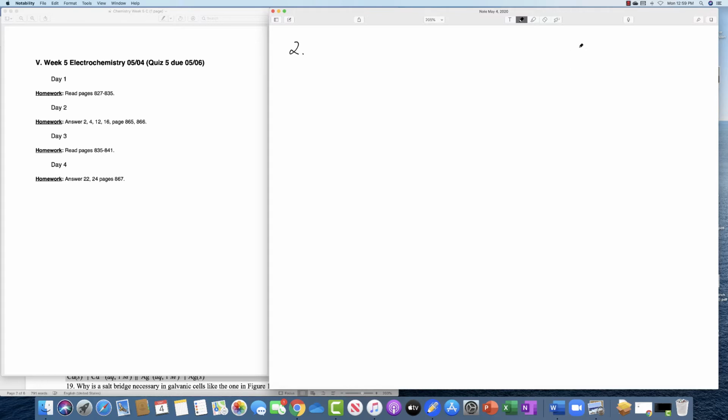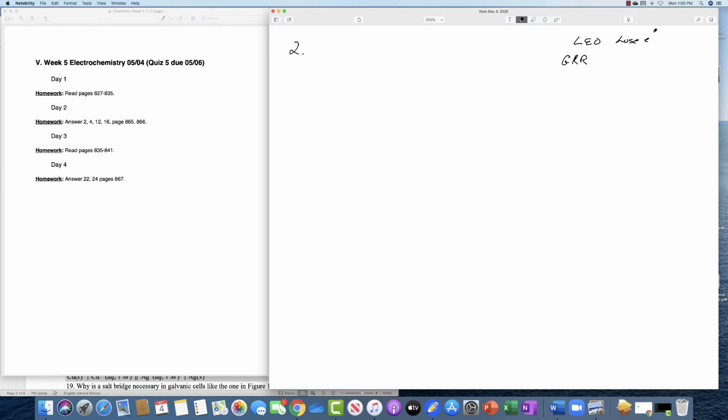So before we do that, let's remember LEO and GER: if you lose electrons, you're oxidized.